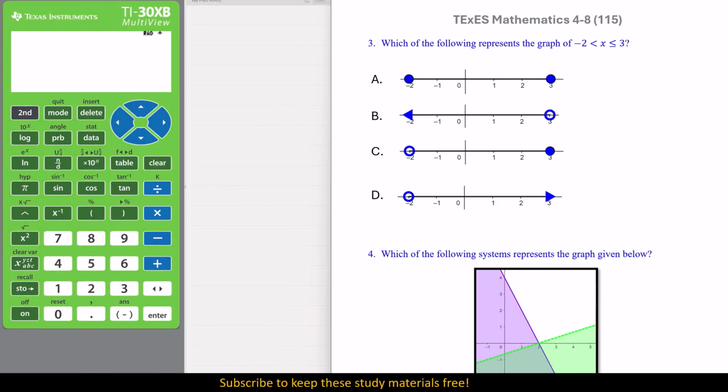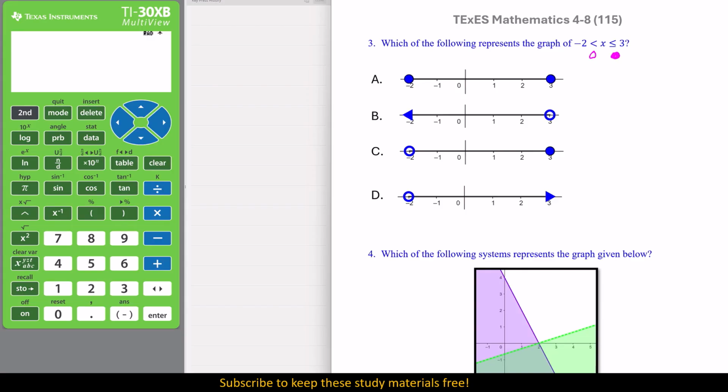Okay, number 3. Which of the following represents a graph of -2 less than x, which is less than or equal to 3? Okay, some key points here is that for the -2, we should have an open circle, but for the 3, we should have a closed circle.